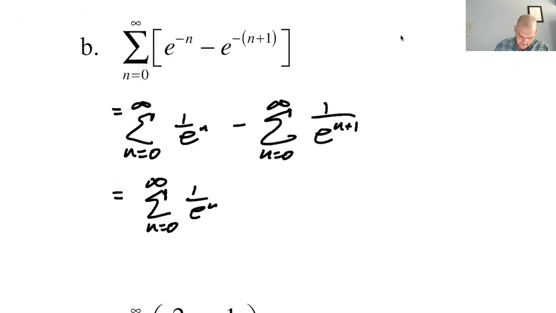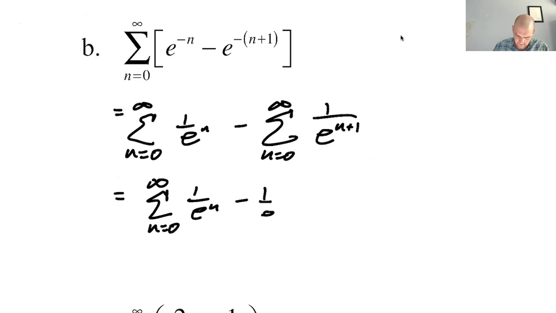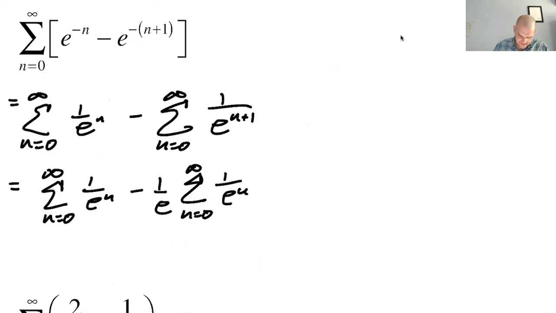1 over e to the n minus, so this thing here is e to the n times e. So I'm going to take 1 over e out, and then have the sum from 0 to infinity of 1 over e to the n. Basically what I'm doing is factoring the sum from 0 to infinity of 1 over e to the n out of everything.